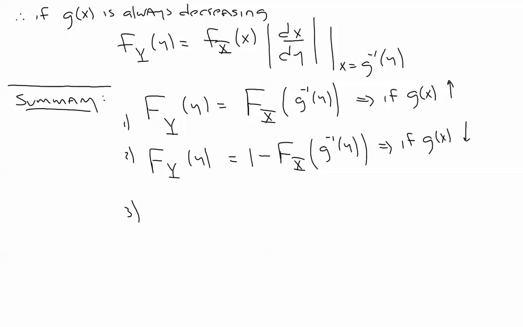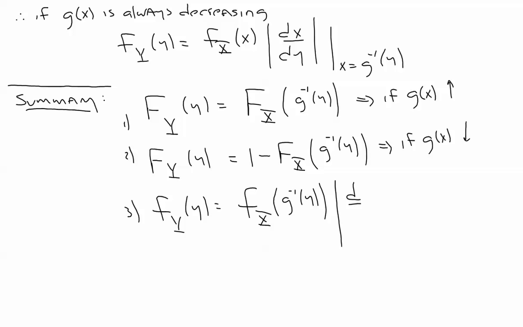And my third result is that my probability density function for y equals the probability density functional form for x, where everywhere and always I substitute g inverse of y for x, and I multiply times the absolute value of the derivative of g inverse of y with respect to y.